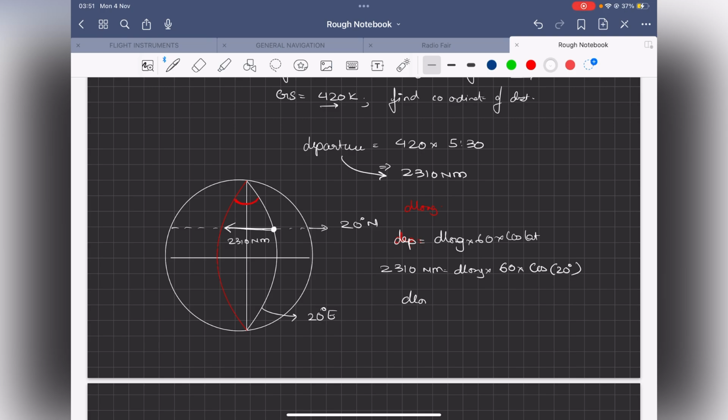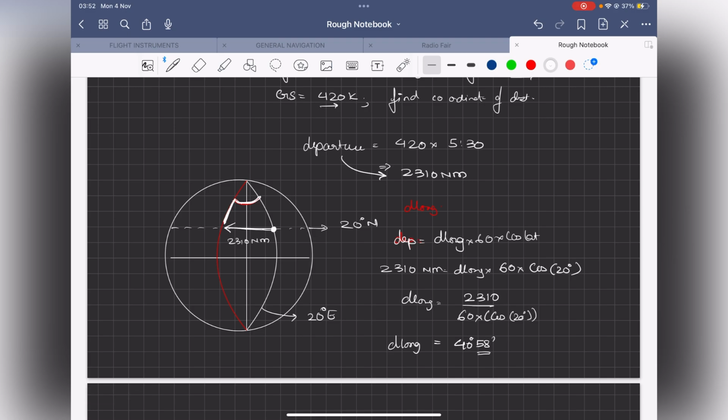So d long, if I rearrange it, becomes 2310 divided by 60 into cos of 20 degrees. When you solve for this, you will get d long to be 40 degrees 58 minutes. Now 40 degrees 58 minutes is this whole angle. I want to find out what this longitude is.